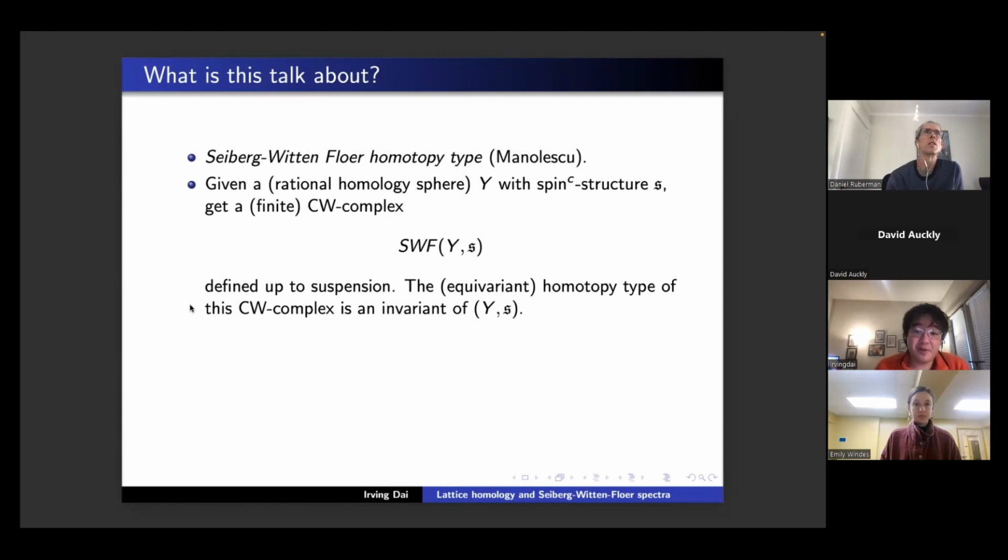The Seiberg-Witten-Floer homotopy type is a space, specifically a finite CW complex, or more precisely, such a space defined up to suspension. So it's a homotopy type. The equivariant homotopy type of this space, as I'll talk about in just a moment, is an invariant of our pair Y, s.